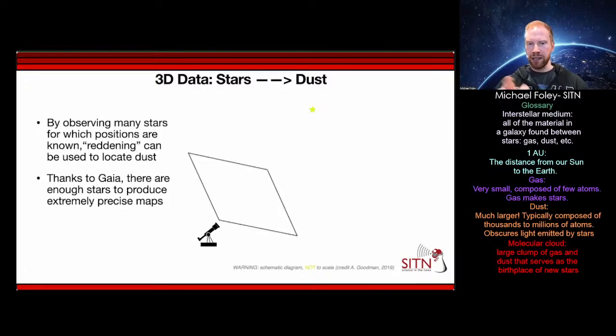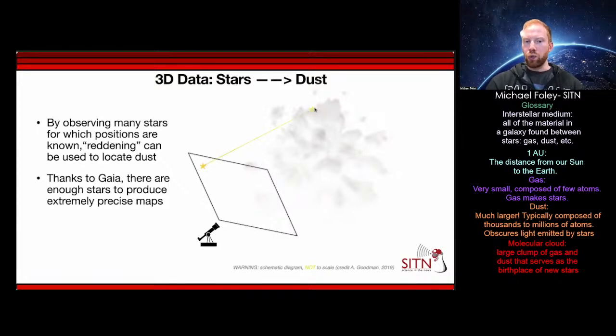To illustrate this, I've made a little schematic on the right-hand side, which shows exactly what happens when you're looking at a bunch of different stars on the sky with dust in between. Let's imagine that you're just observing one yellow little star up here, but you have some dust in between your telescope and the star.